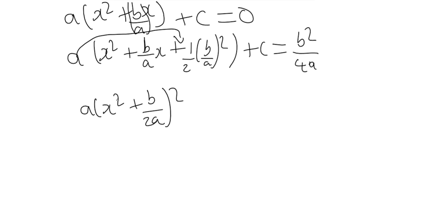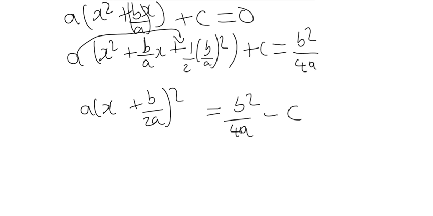Remove this squared here, because this square is now going to be on the bracket. So if we were to expand this, we're going to get that expression again. So keep going on this side: b squared over 4a minus c.